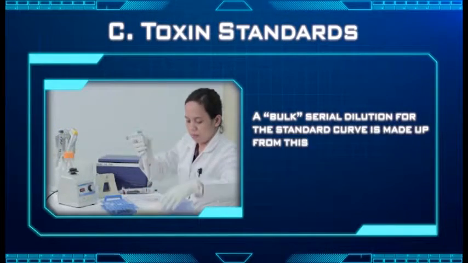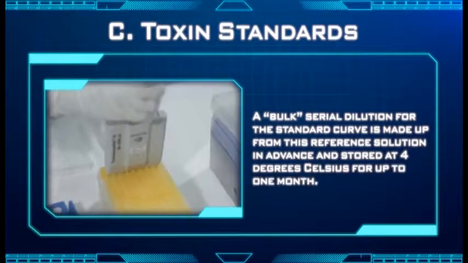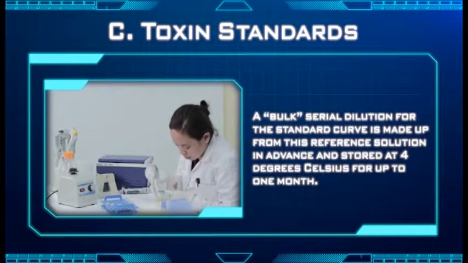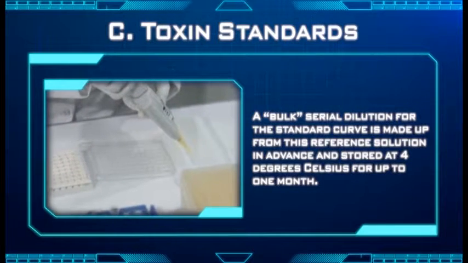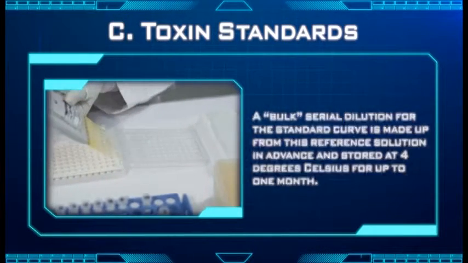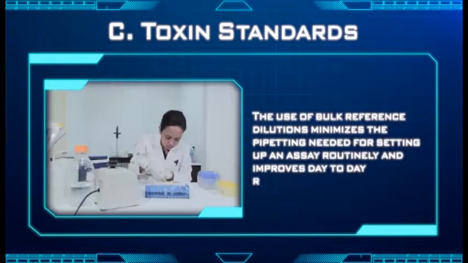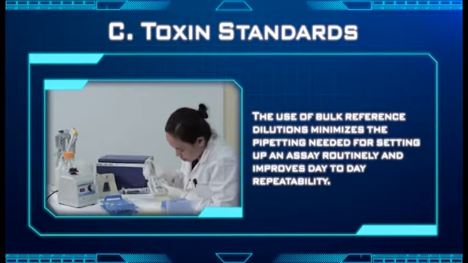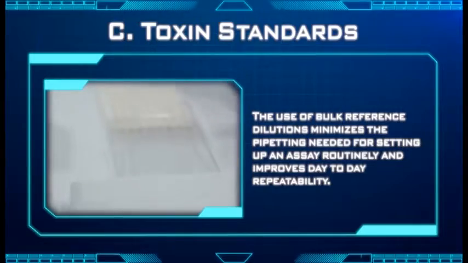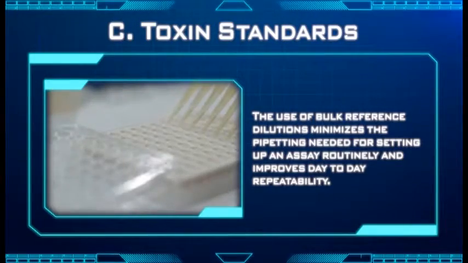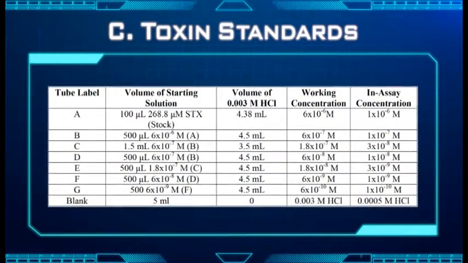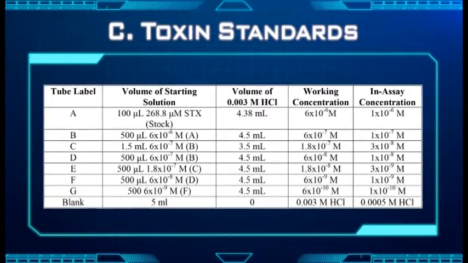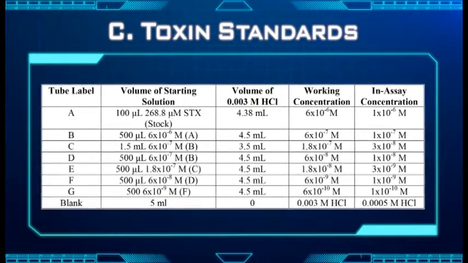A bulk serial dilution for the standard curve is made up from this reference solution in advance and stored at 4 degrees Celsius for up to 1 month. The use of bulk reference dilutions minimizes the pipetting needed for setting up an assay routinely and improves day-to-day repeatability. To make up the standard curve, refer to the table of saxitoxin serial dilutions at the bottom of the screen.